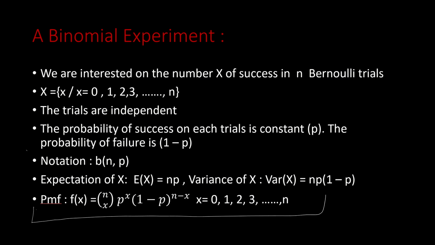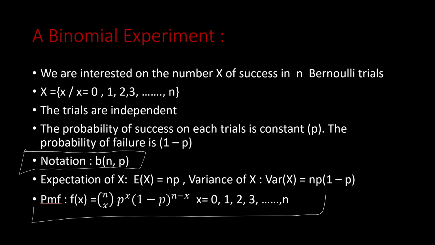And we usually use this notation for a binomial experiment, right? So the trials are independent. We have a sequence of independent Bernoulli trials, and we are interested in how many times you get a success on those experiments.